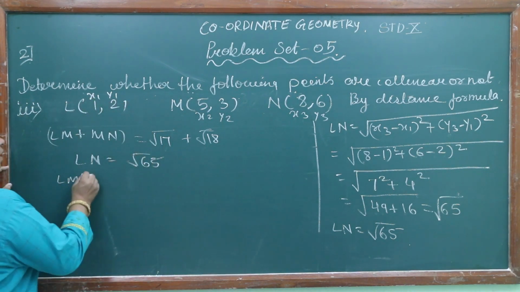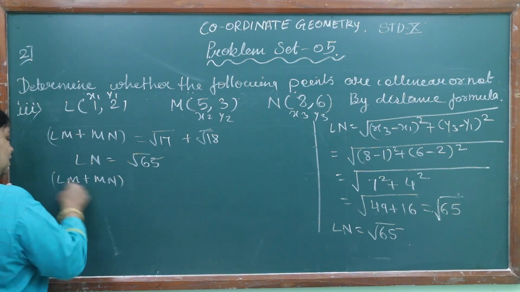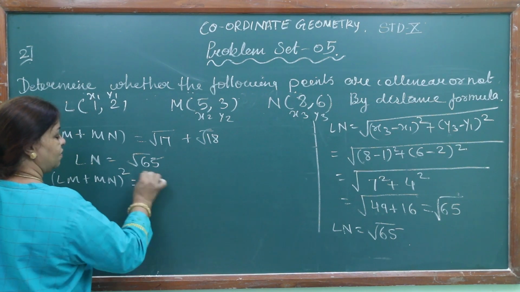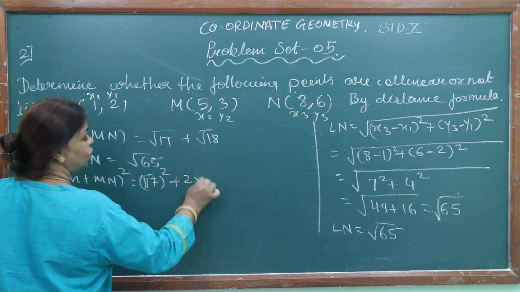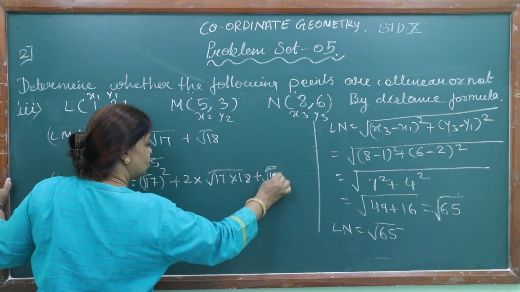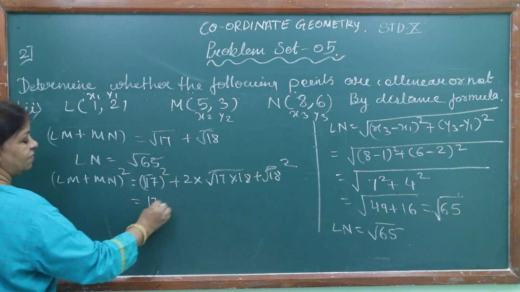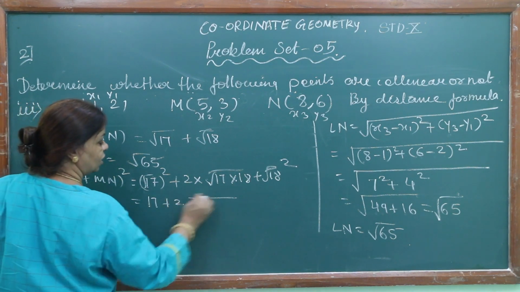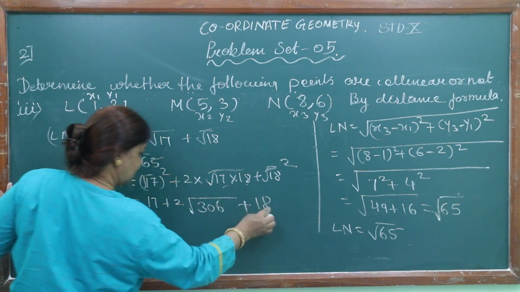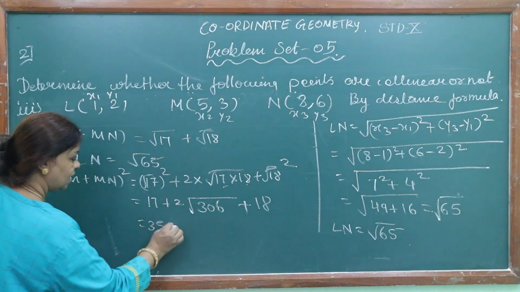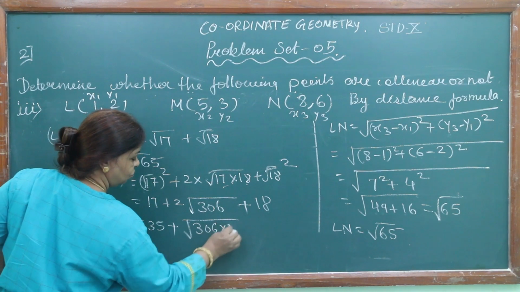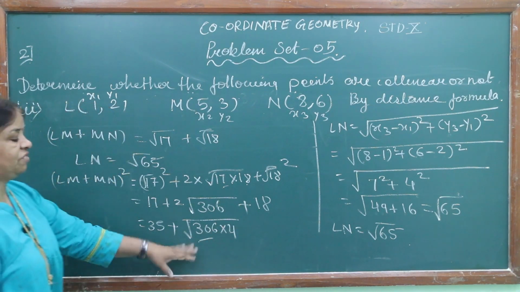So LM plus MN, if I am squaring, what am I getting? Root 17 square plus 2 into root 17 into root 18 plus root 18 square. Root 17 square is 17 plus 2 under the root, multiply 306, plus 18. 18 plus 17 is 35 plus under root 306 into 4, and 306 cannot be factorized.